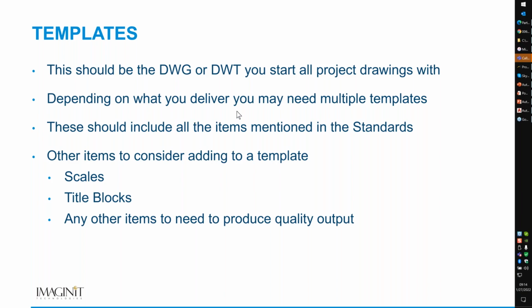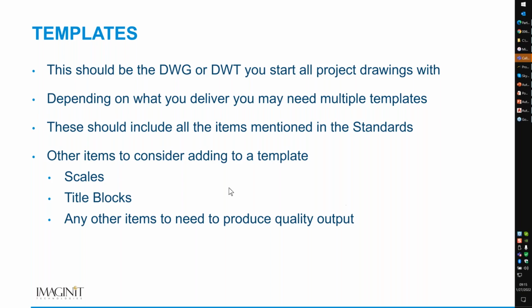You may need multiple templates. So if you are a multifaceted organization, let's say you do MEP work and you do mechanical and plumbing and electrical, you're going to need a template for each one of those disciplines. The drawing or the template should always include all of the items mentioned in the standards, or all of the items you are going to need from the standards that are critical.